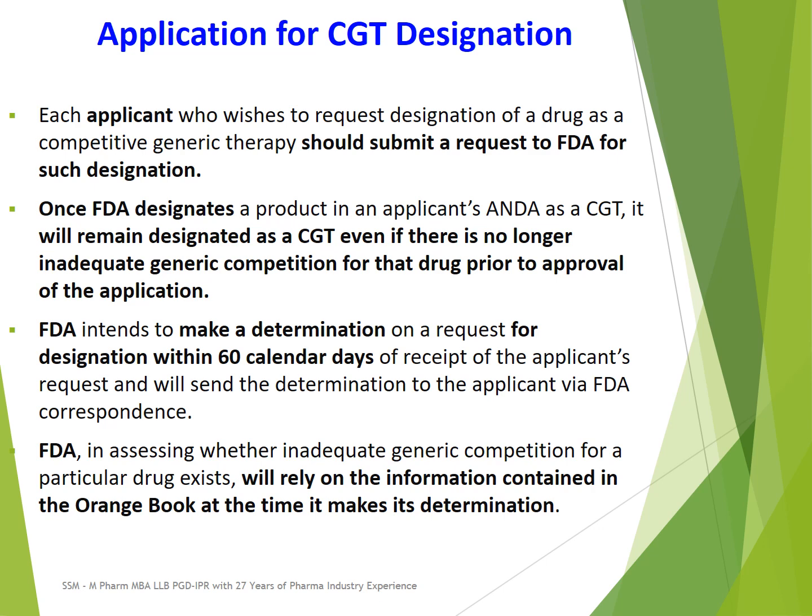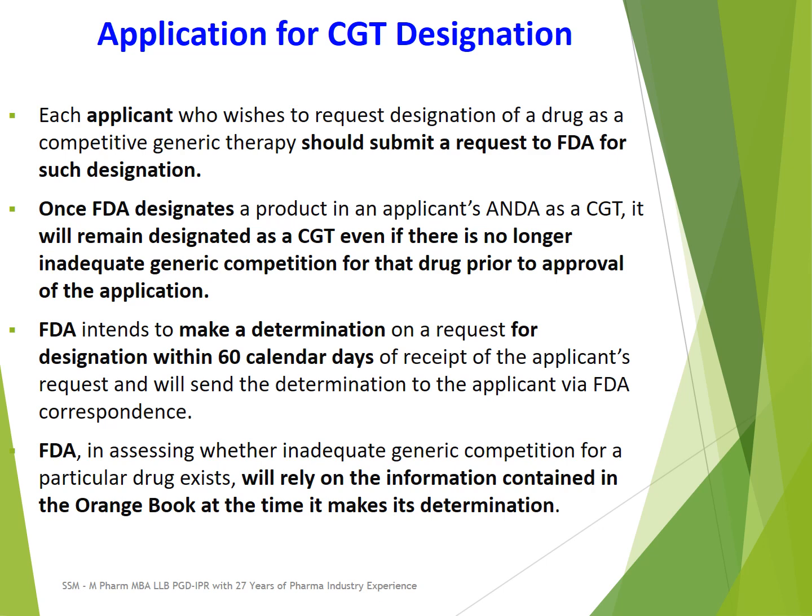FDA intends to make the determination of CGT designation within 60 calendar days of receipt of application. Means within 60 days, FDA will determine the designation of CGT, whether it is granted or not granted. And decision on CGT designation will be communicated to applicant through FDA correspondence.